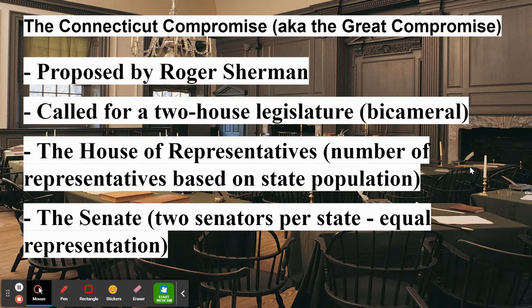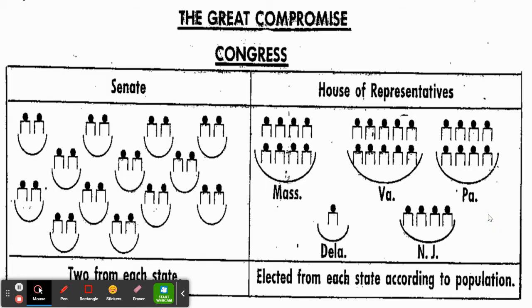One house in the legislature based on state population, another house equal representation, as the diagram says, right? In the Senate, 2 for each state. Rhode Island and Massachusetts would have the same amount as Delaware and Virginia and New Jersey. They all have 2. In the House of Representatives, it's based on population. Well, Delaware would have 1, Virginia would have 10.